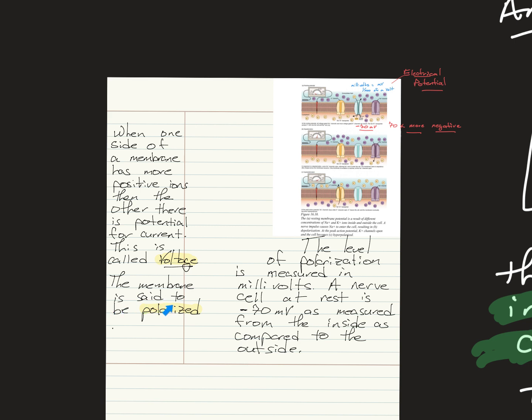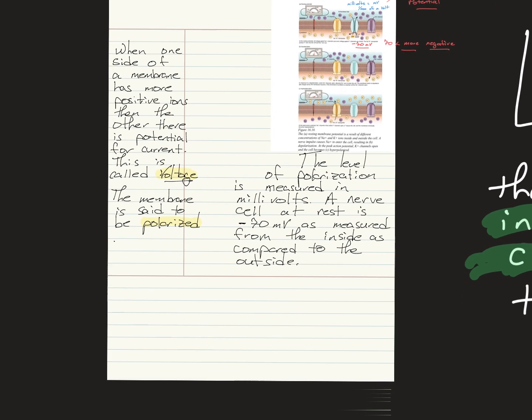The membrane is said to be polarized. So this membrane is polarized because you have more positive outside than inside. The level of polarization is measured in millivolts. A nerve cell at rest is about negative 70 millivolts as measured from the inside compared to the outside.